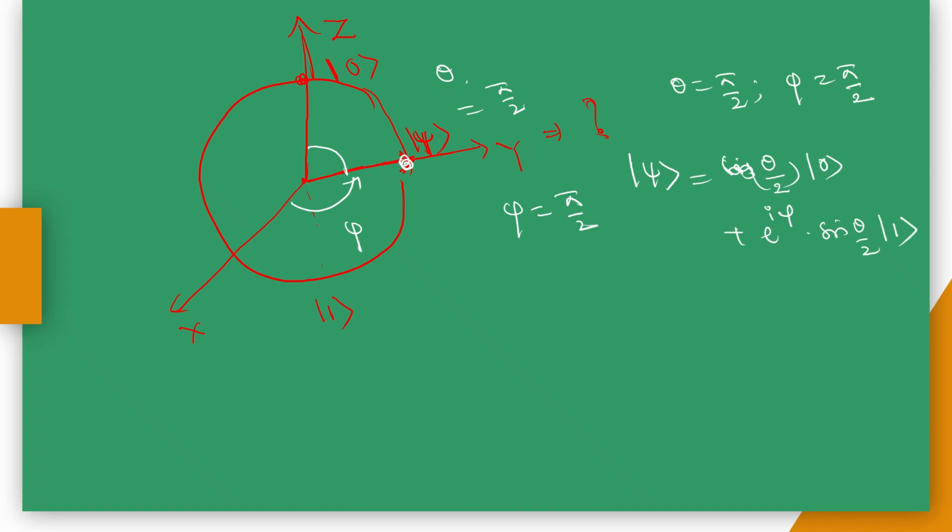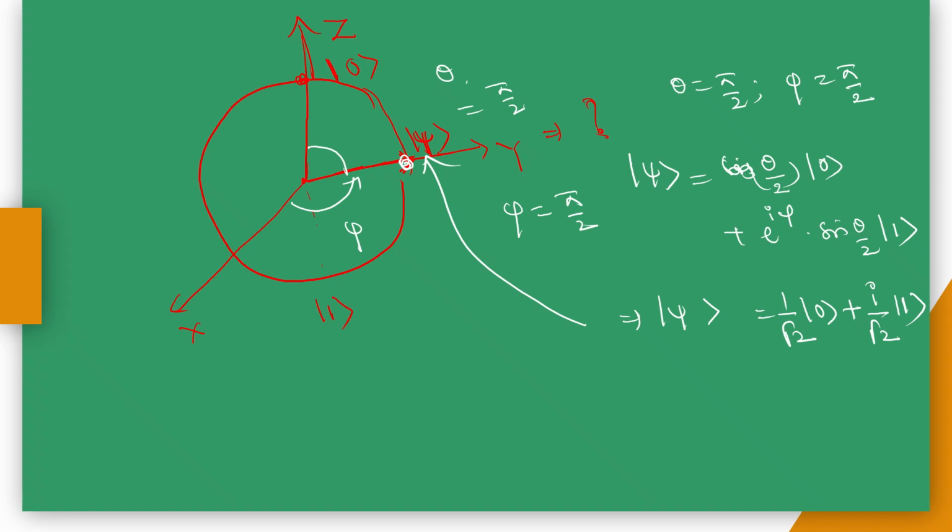So after representing this point, state psi equals 1 by root 2 state 0 plus i by root 2 state 1. This is the state related to this point.